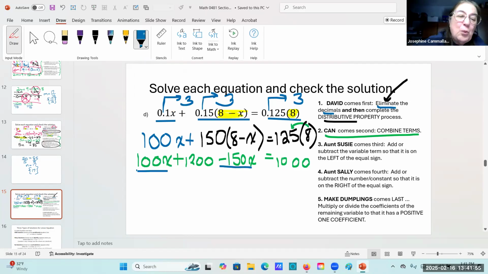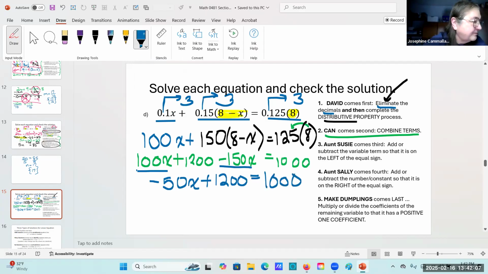100x and a negative 150 is a negative 50x plus 1,200 equals 1,000. Okay. Well, again, Susie is eliminated.